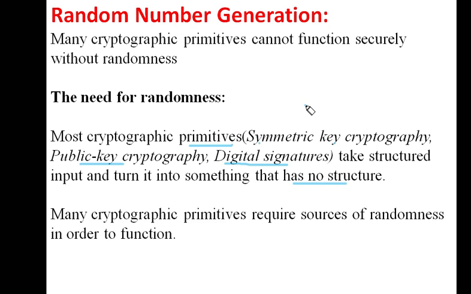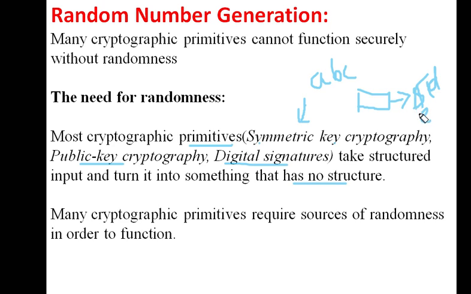So these accept the proper input. For example, I want to input ABC. After applying symmetric key, public key or digital signature, you will get something like this symbol, dollar, parenthesis, D, E, like that.